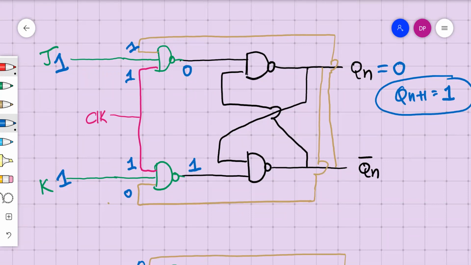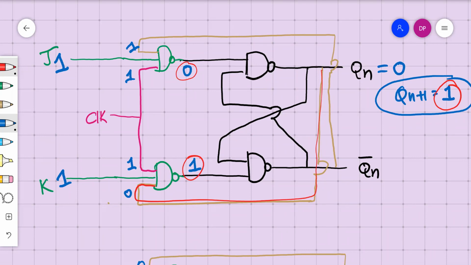Then what happens? When Qn is 0, this 0 comes over here, which results in 1, and this results in 0 here. So 0, 1 results in 1 at this point.